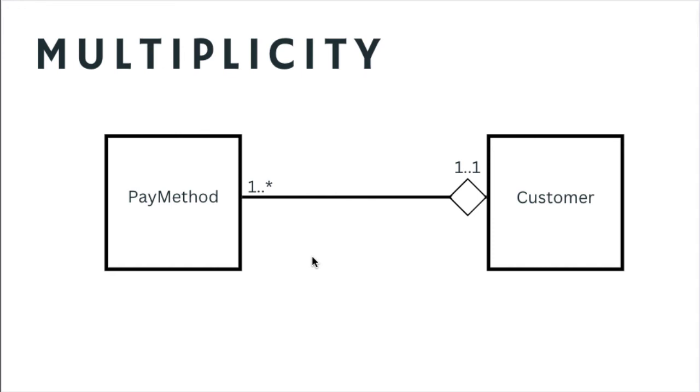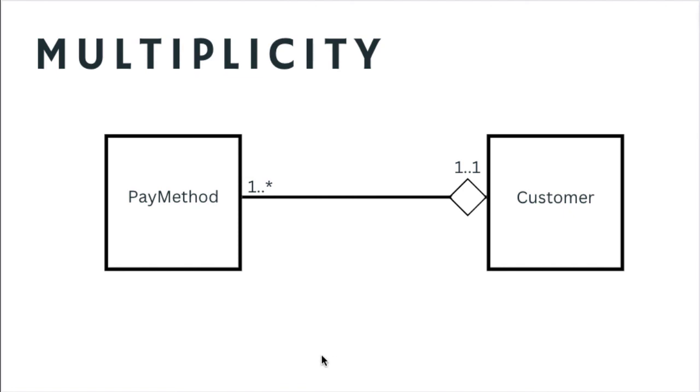So this is how that multiplicity works. A customer can have one or many pay methods, has to have at least one, but can have many. While a pay method, in order to exist, has to have one and only one customer that it's associated with. Why does it have a 1 instead of a 0? Why can't I have a customer account without a pay method?